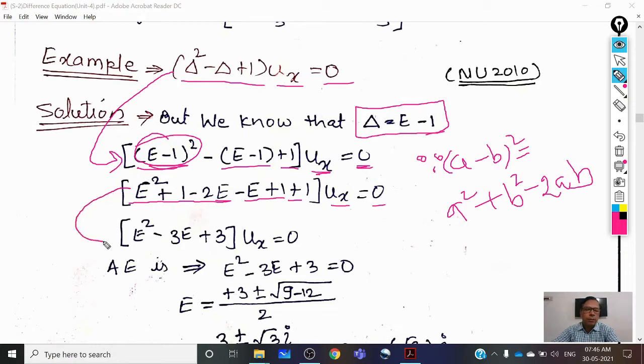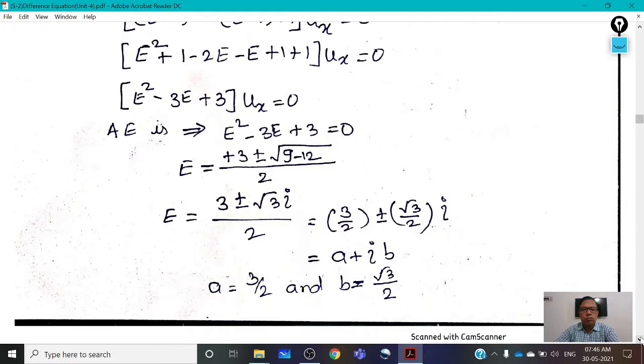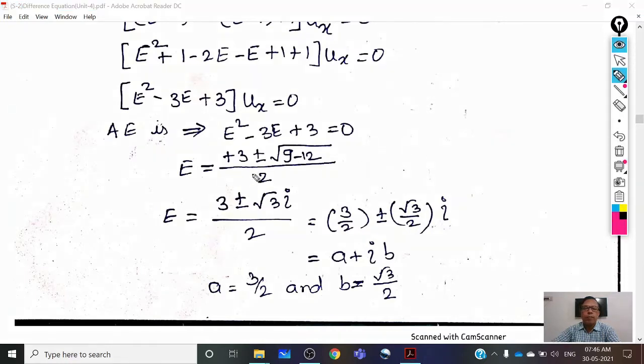On simplifying, we get (E² − 3E + 3) u_x = 0. So the auxiliary equation is E² − 3E + 3 = 0.